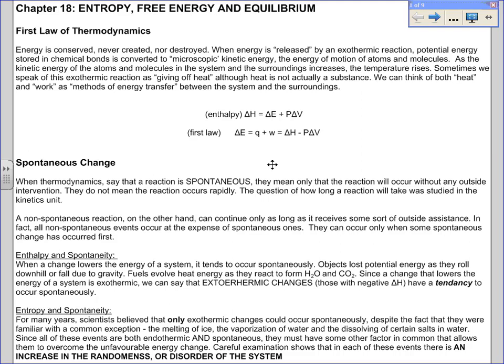The rest of this lesson, though, is going to focus on entropy and deciding whether or not there's going to be a change in entropy, figuring out how to calculate entropy, and looking at the second and third law of thermodynamics.